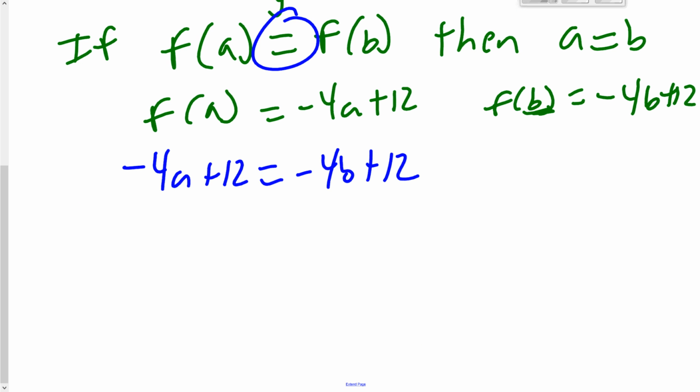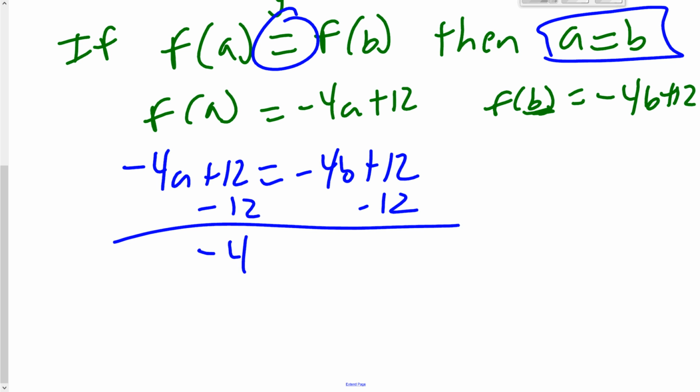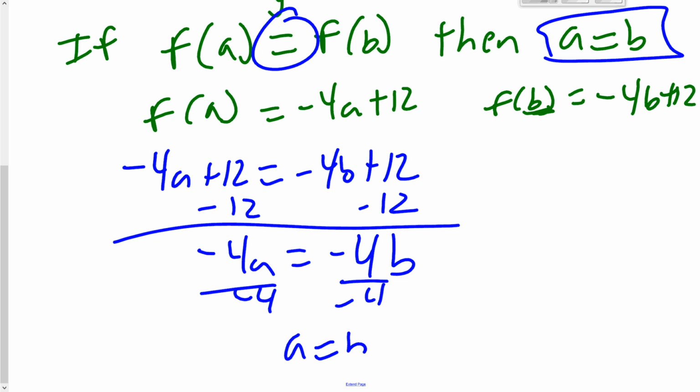And now I solve to see if a does equal b. So I simplify and find out if a equals b. I do that by subtracting on both sides, then divide both sides by a negative 4. And we get a equals b. So yes, it is one-to-one. So it is a one-to-one function.